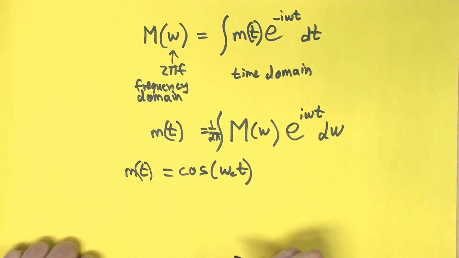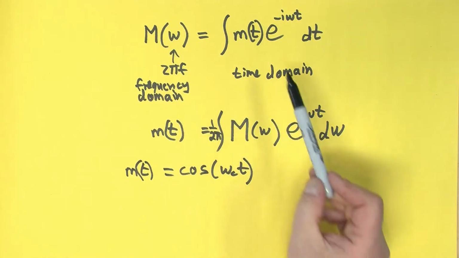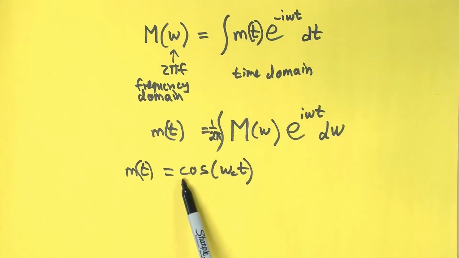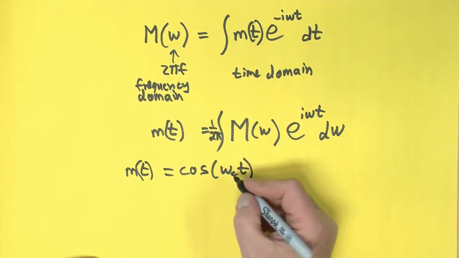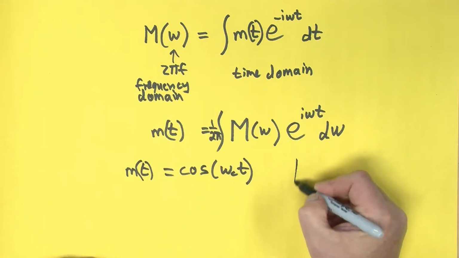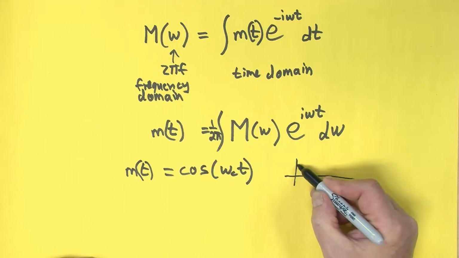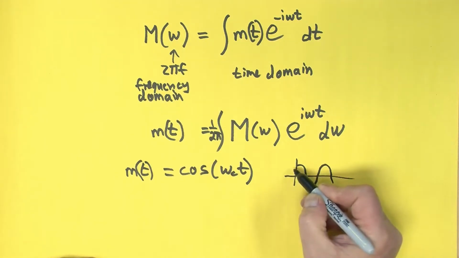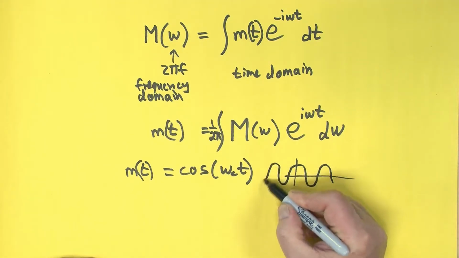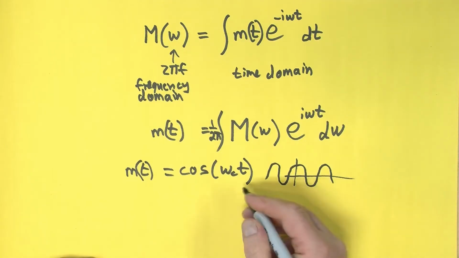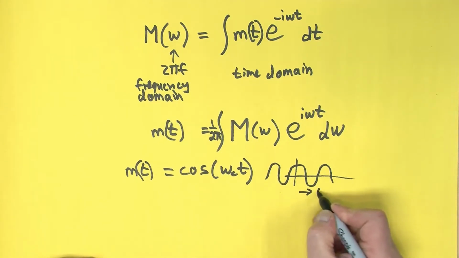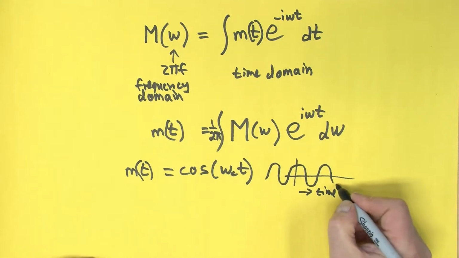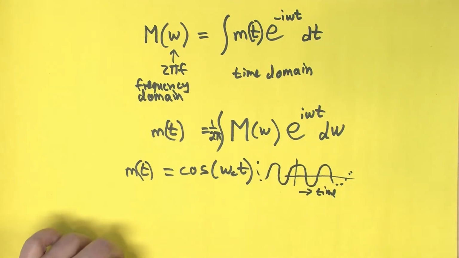So this is now going to be our mystery function, simply a cosine wave at a particular frequency. So it's going to look something like this. And in fact, it also continues on to negative infinity over here, where this is, of course, time. This just goes on forever.